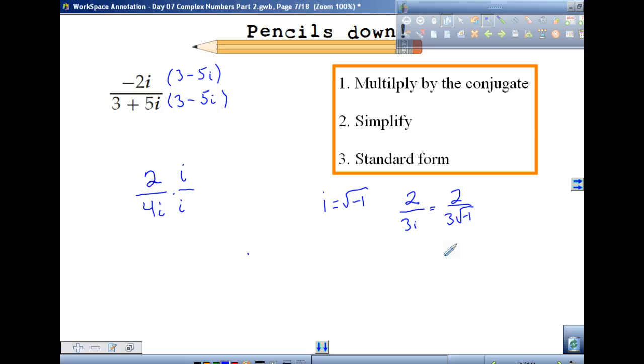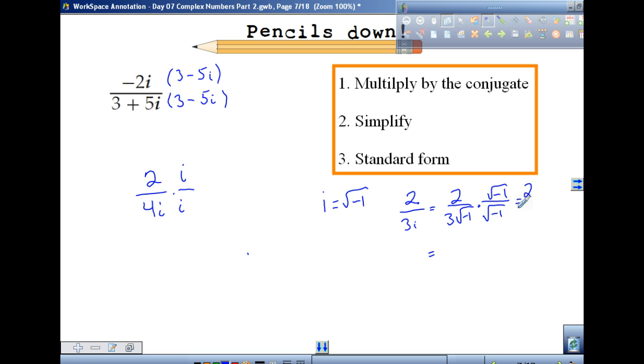So seeing the i in the denominator is the same as a radical in the denominator. To remedy that, how do we get rid of a radical in the denominator? You multiply it by itself. When you multiply it by itself, it cancels out.